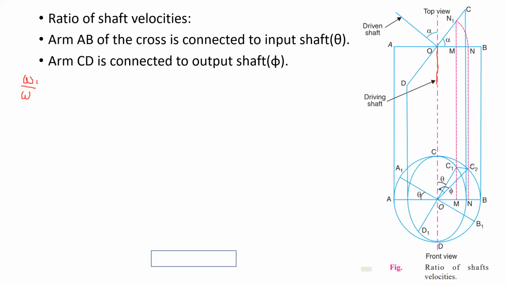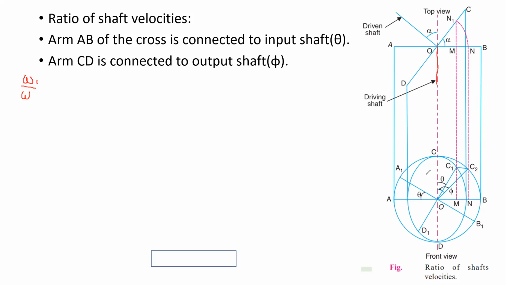Okay, and this C2 point is joined with point O, and then the angle is measured. What is the angle of this OC2 from the vertical, from the original position of CD? So you will see that there is angle phi. So angle phi is the turning angle of the output shaft, which is greater than theta. Getting this? Yes or no? Yes, sir.